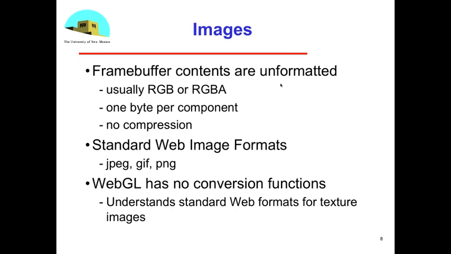So when we're dealing with textures, as we'll see in another few lectures, we can directly use a JPEG image, and WebGL will uncompress that image and put it into a texture map for you. But generally you're going to have to either find some code on the web or develop some code if you're working with some image formats. Like if you're dealing with a TIFF, what do you do to get that into it? Some of these are very easy to deal with. There's a lot of software out there on the web to do your conversions.